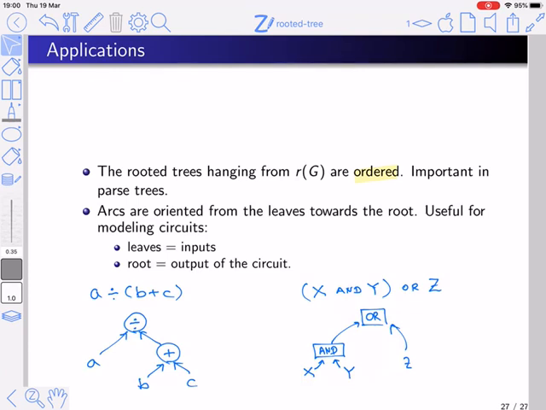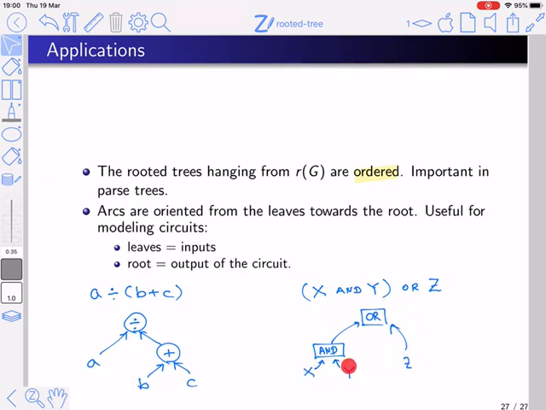Another example is in the field of circuits. We will use rooted trees in order to model special types of circuits which are called combinational circuits. So consider the Boolean formula x and y or z. We can build a parse tree for this Boolean formula as follows.